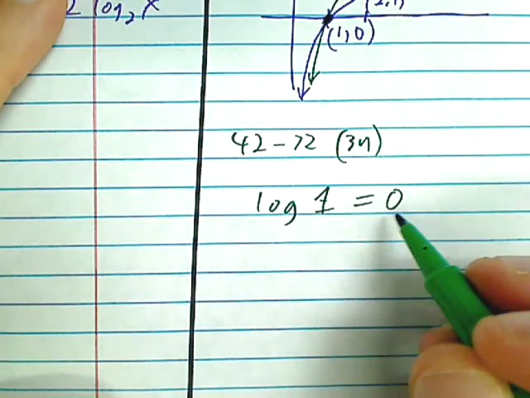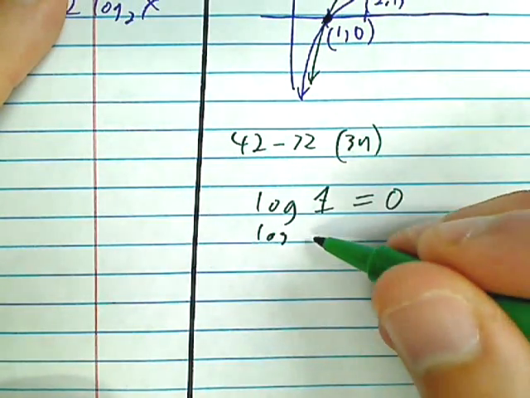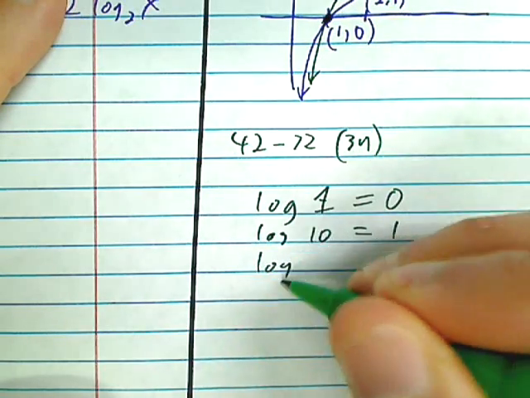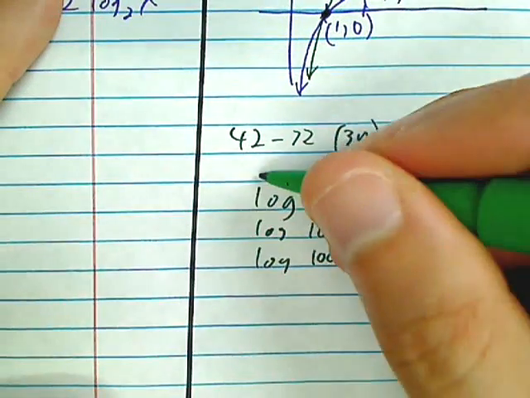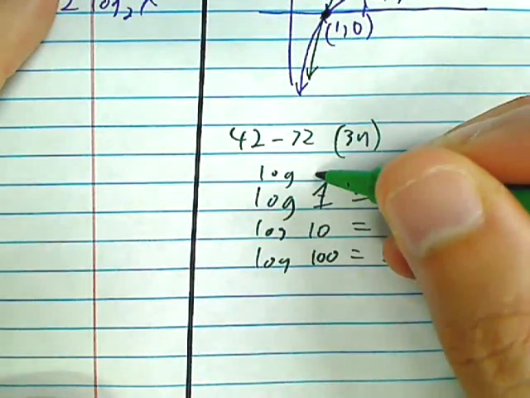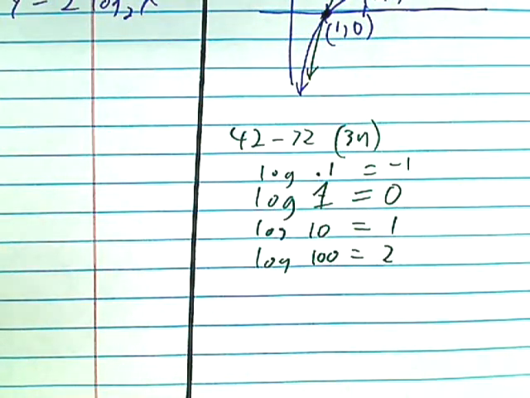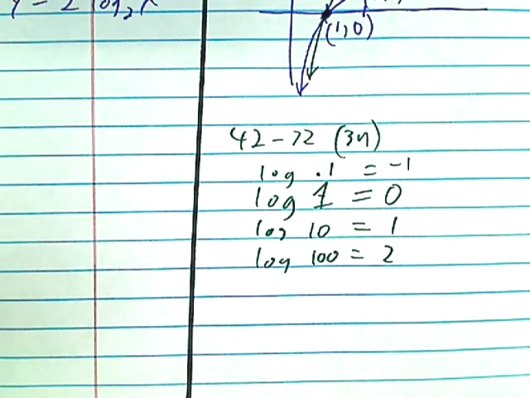So log base 10 of 1 is 0. Log base 10 of 10 is 1. Log base 10 of 100 is 2, and so on and so forth. So log of 0.1 would be -1. That chart would go in both directions. You can use that chart to help you on a couple of these problems. Remember, if there's no base in the log, it means log base 10.